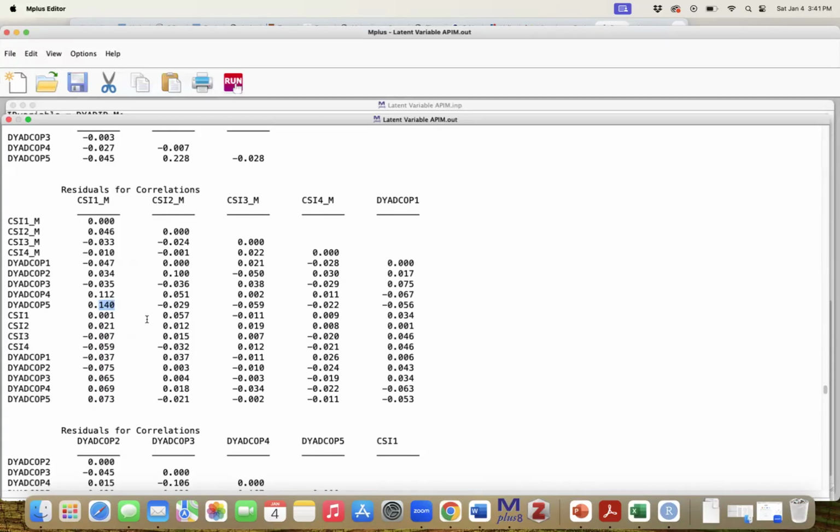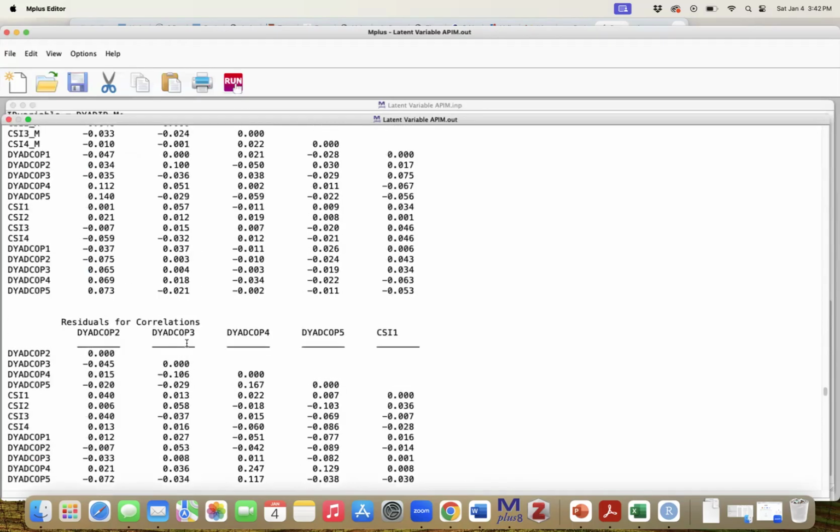I think 14 times 14 is 196, so it could be something like 9% of the variance, pardon my bad mental math, but it could be fairly substantial. So we potentially need to address that.